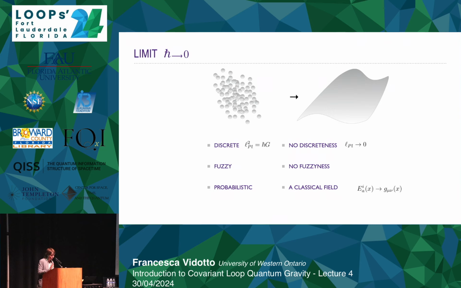H bar going to 0 is when you disregard the presence of this minimal length, the Planck length, you disregard the fuzziness, and you recover the classical field that is our beloved gravitational field given by general relativity.